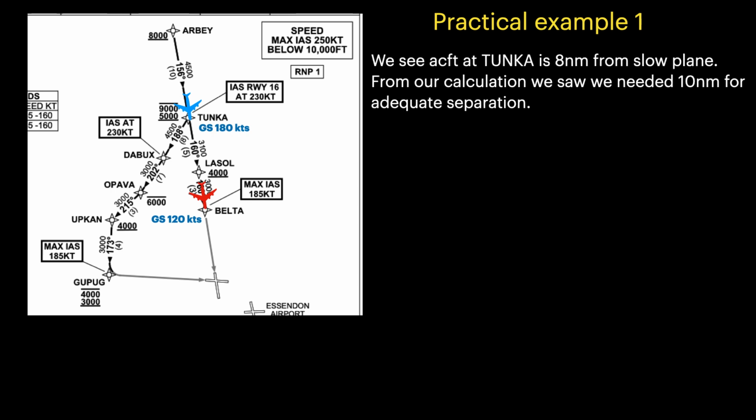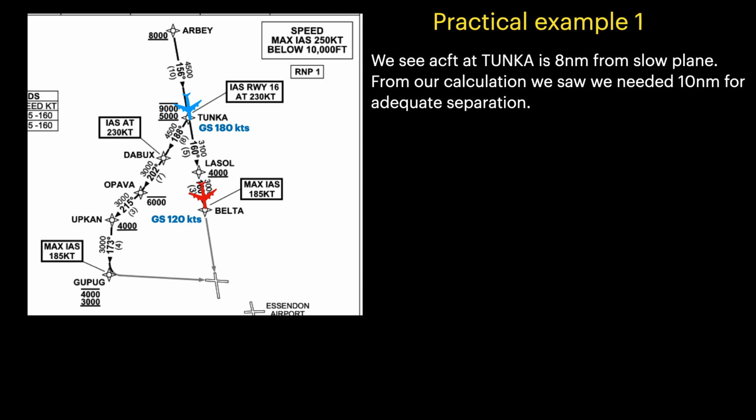Now, we can see the aircraft at Tunka is 8 nautical miles from the slow plane, the plane in red. You just add up the distance: from Tunka to Laysol is 5, and from Laysol to Belter is 3. So he's 8 nautical miles from the slow plane.